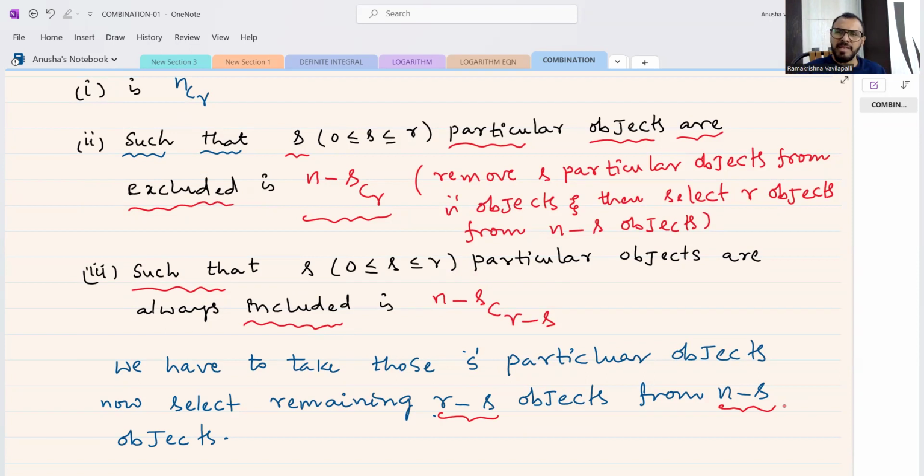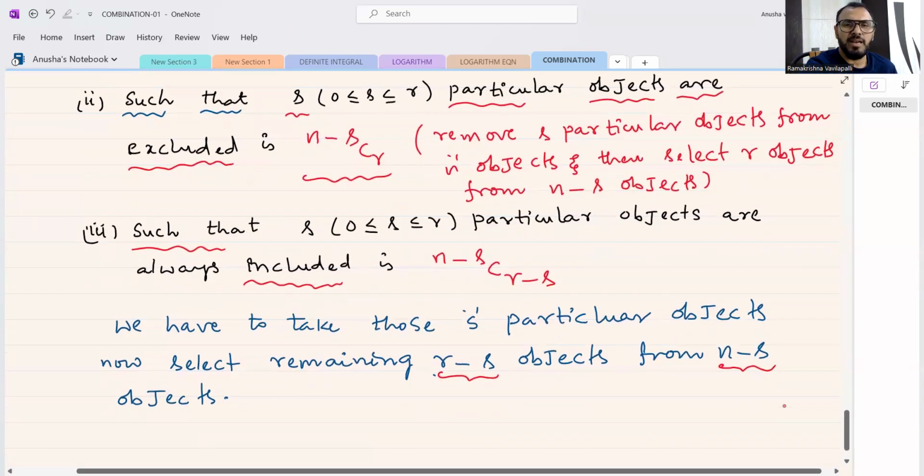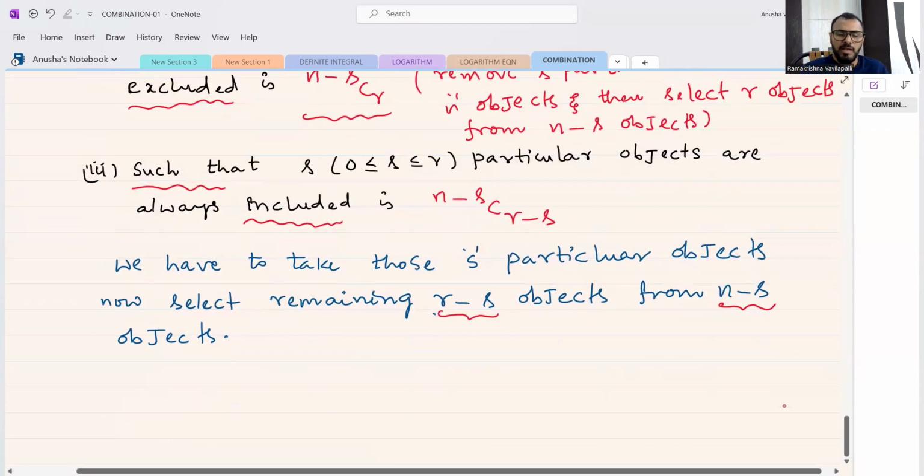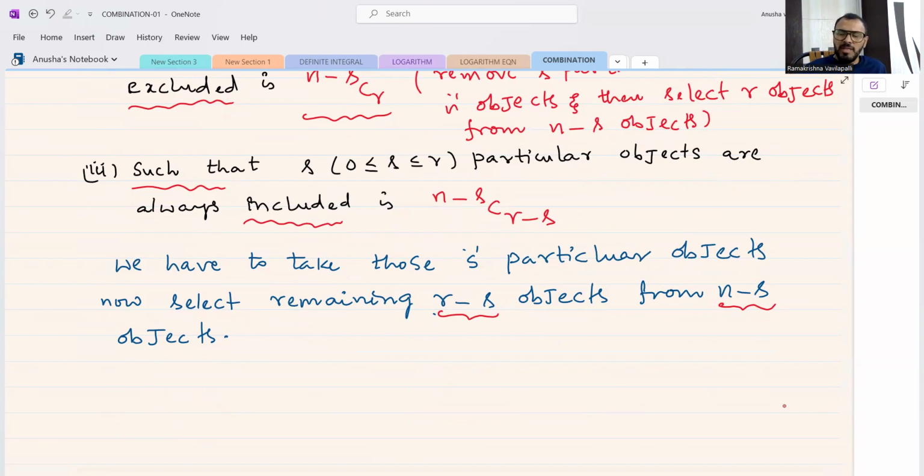So this can be done in 4C2, that is equal to 6. So here particular objects are included or excluded. Excluded means remove them and select the required objects from the remaining. Included means you have to take them and select the remaining from the remaining objects.